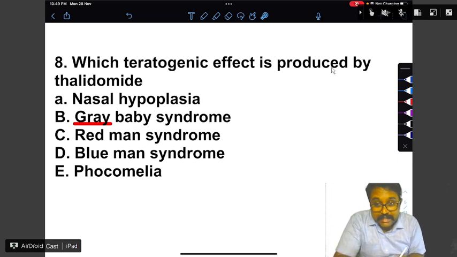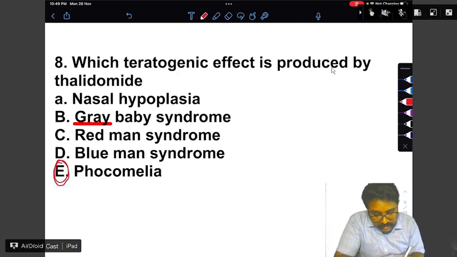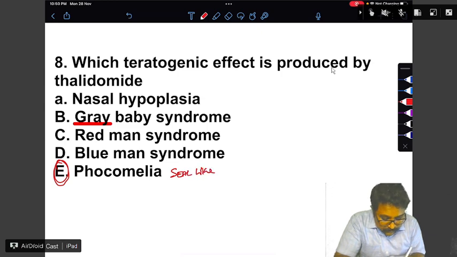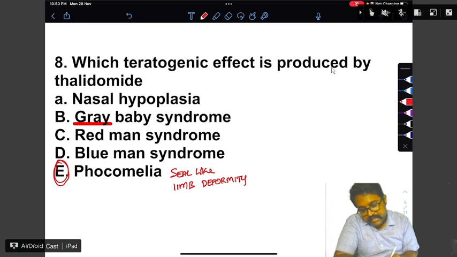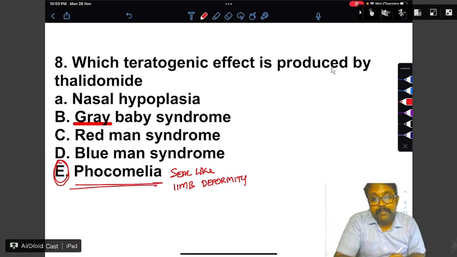It is a direct question you should remember. Thalidomide will cause phocomelia. It is like seal-like limb deformity. So here the answer will be phocomelia.